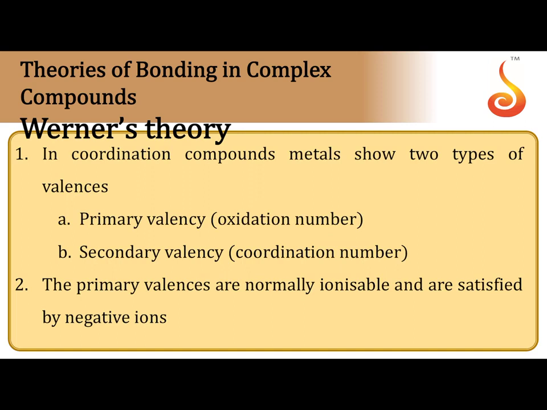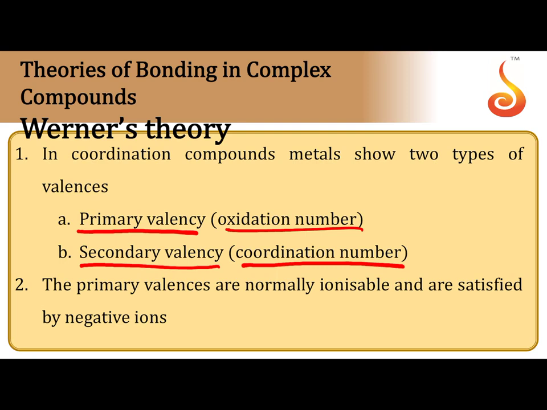So coming to the theories of complexes, first theory proposed by Alfred Werner. According to this theory, central metal atom has two types of valencies, primary valency and secondary valency. Primary valency is generally equal to oxidation number of the central metal atom, while secondary valency is equal to coordination number. Primary valency is ionizable, while secondary valency is non-ionizable.